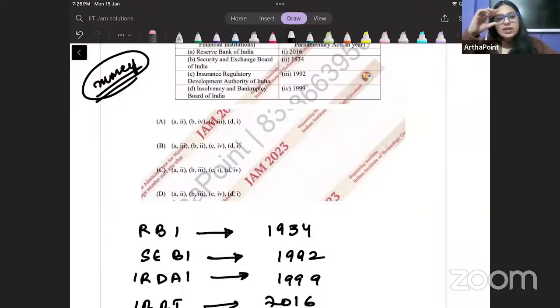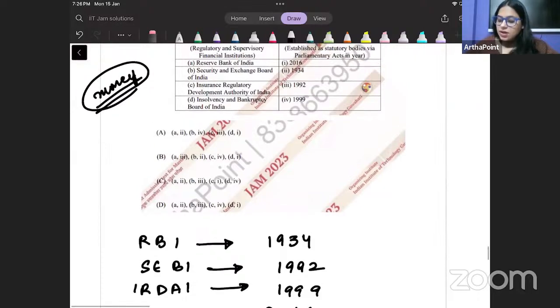But most of the time सब कुछ याद रखने की जरूरत नहीं होती है. You can get the right answer through elimination also. कैसे eliminate कर सकते हैं हम? अगर हमें important चीजें याद है कि when was SEBI formed, जैसे for example, if I know when was RBI formed, right?